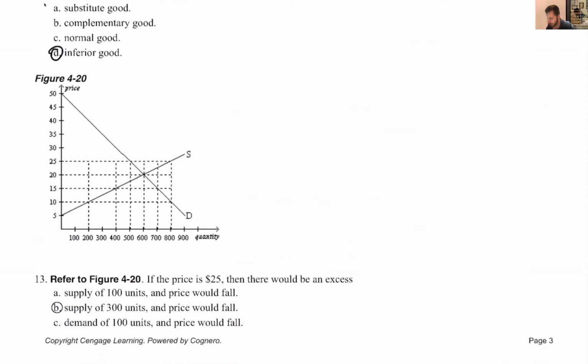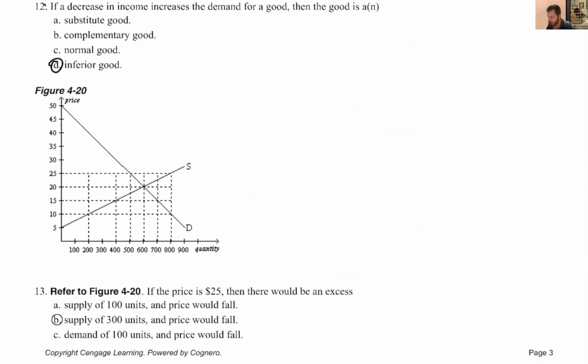Figure 4.20. If the price is 25, then there would be an excess. So how you read those graphs, we have time now, so let me just demonstrate these. Except for the 25 price, those lines don't really matter, so you can imagine them as non-existent. They're just there to help you or maybe even confuse you.